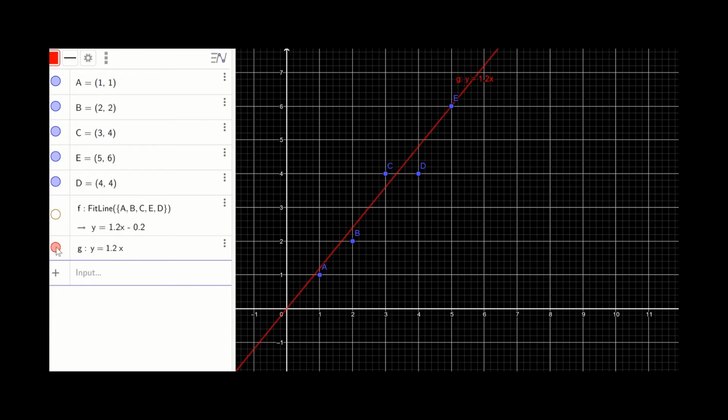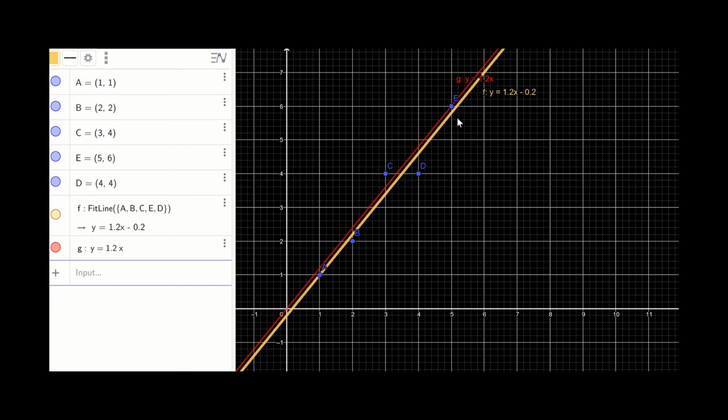And we know that the line y equals 1.2x minus 0.2 is the line we got from the previous one. But if we take a line y equal to 1.2x, which is the red line, that is also a line which is close to the yellow line.